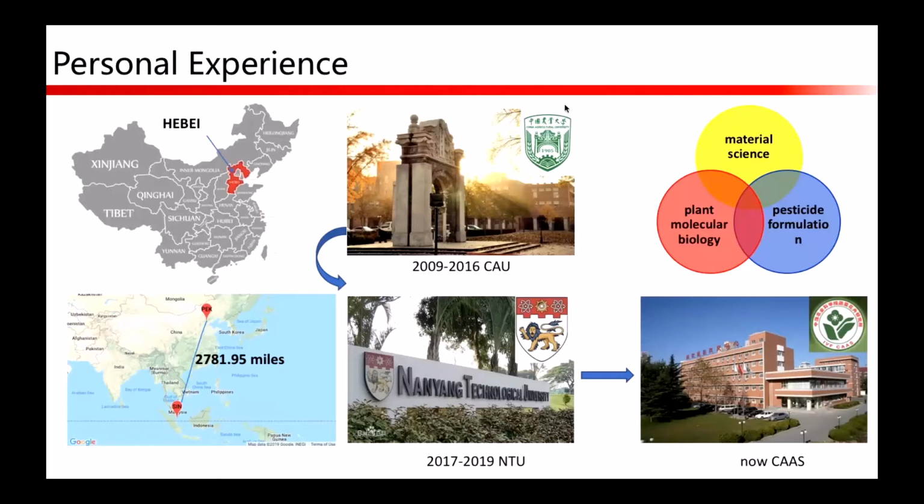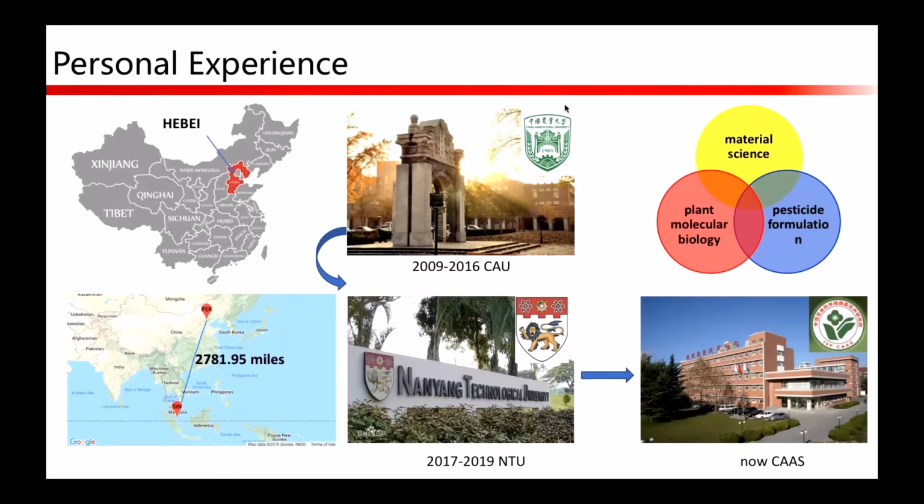I got my PhD in China Agricultural University in 2014. Then I did my first postdoctoral research in the same university for over 2 years. After that, I applied for my second postdoc position in Nanyang Technological University.